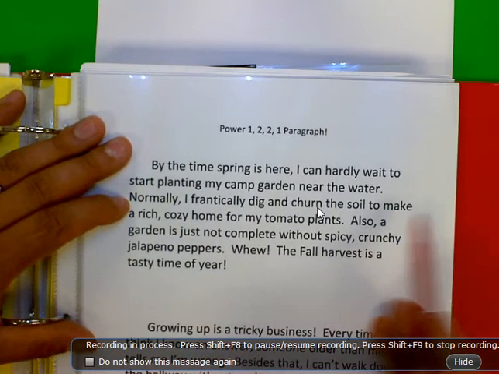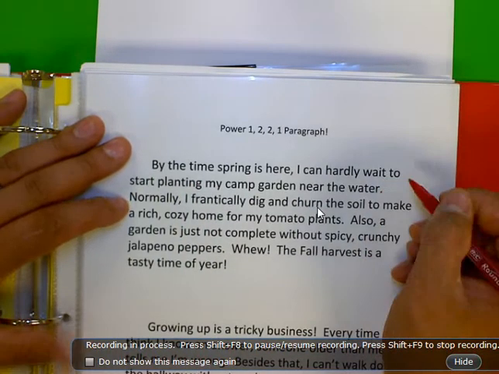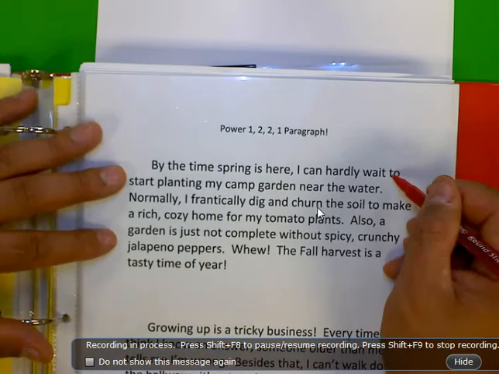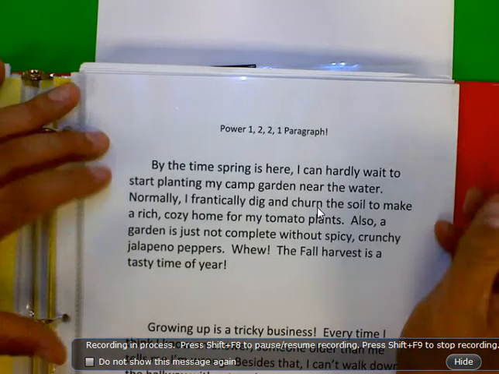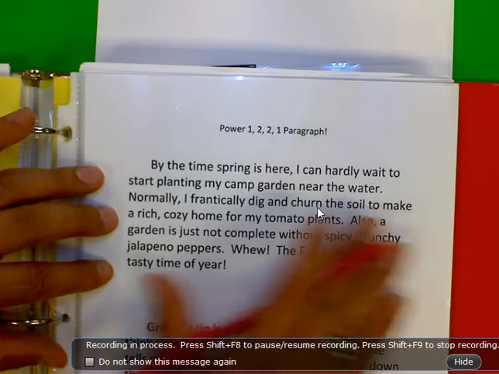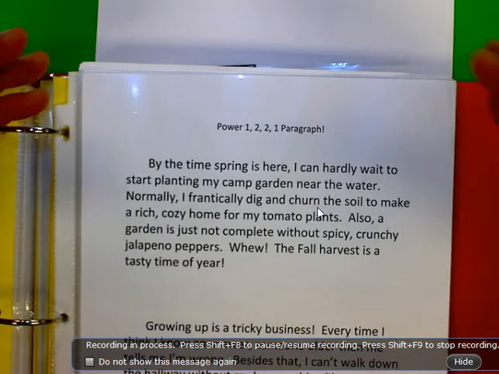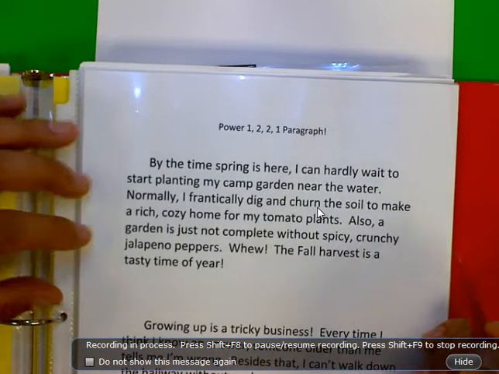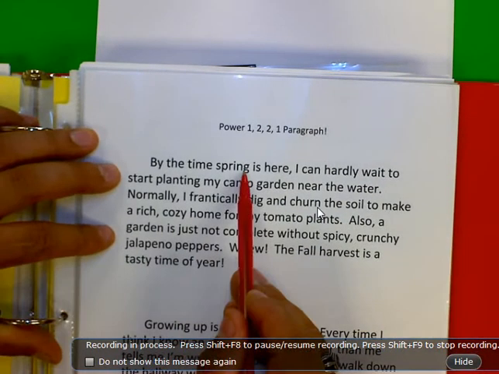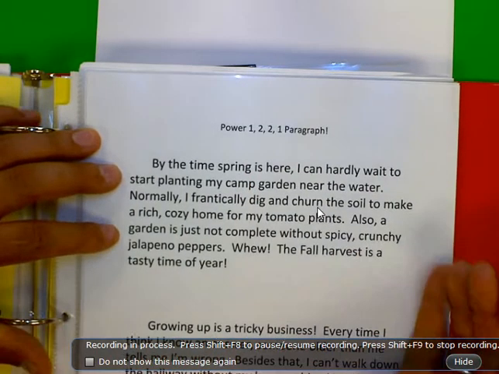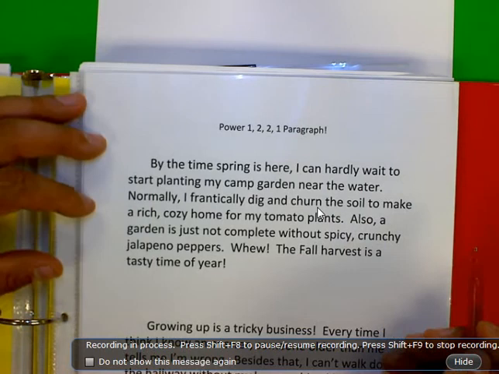I can identify that right away as my power 1. That's the topic sentence, which controls what this paragraph is going to be about. At no point should I get away from that kind of world or bubble that I have created. Springtime and planting a camp garden is what this paragraph should ultimately be about.